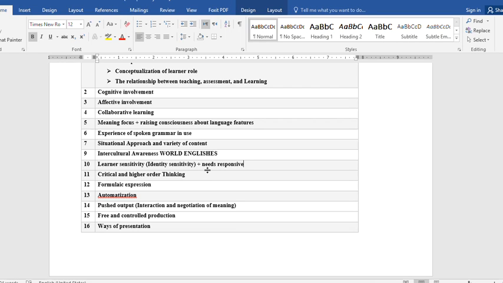Okay, the gender of learners, the age of learners, the background of learners, the vulnerability of learners, the interest of learners, the needs of learners, the styles of learners, the strategies of learners. To see whether the learners are privileged or underprivileged. The material should be sensitive to learners' identity, to learners' condition, learners' purposes and needs.